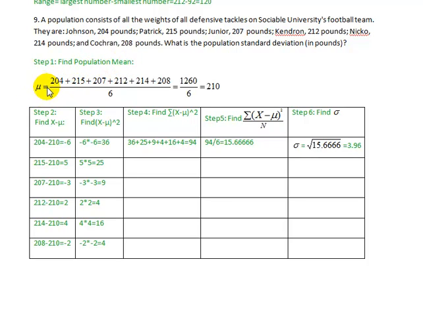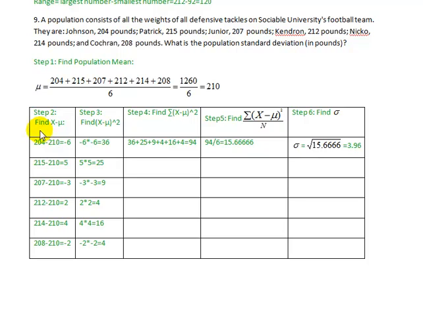Mu equals the sum of all the values divided by the number of observations, 6. So we get 1260 over 6, which is 210. That's the population mean.